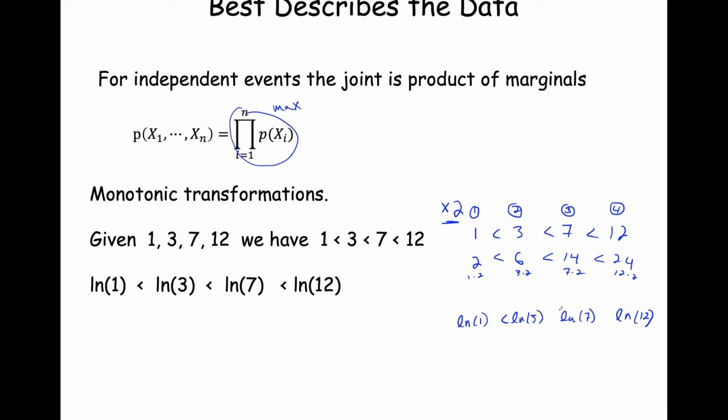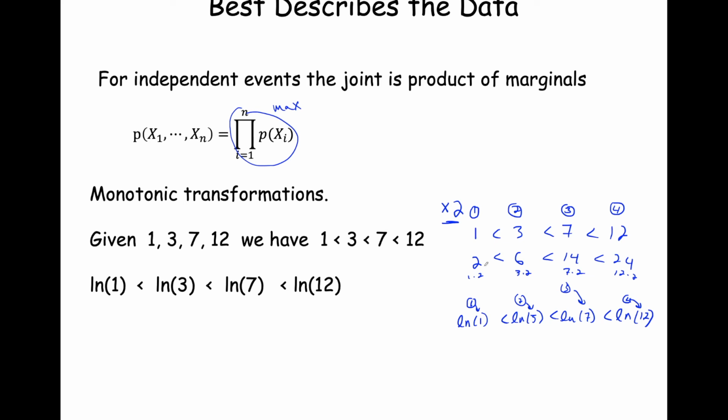The values might have changed, but we still have the first quantity, the second, the third, and the fourth. The relative position has not changed if we transform each one with the log, so therefore the logarithm is a monotonic transformation.